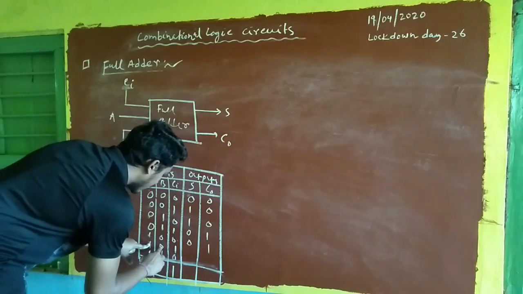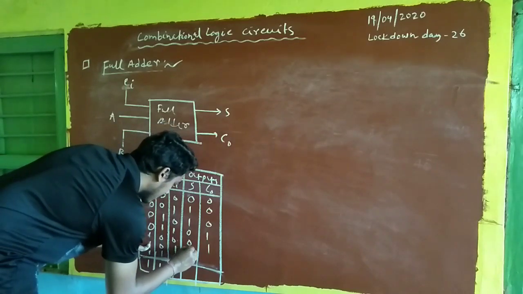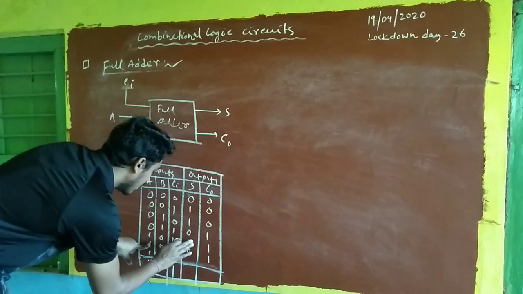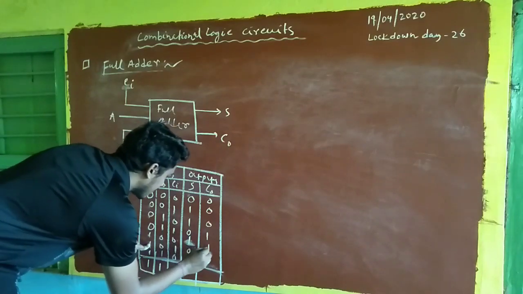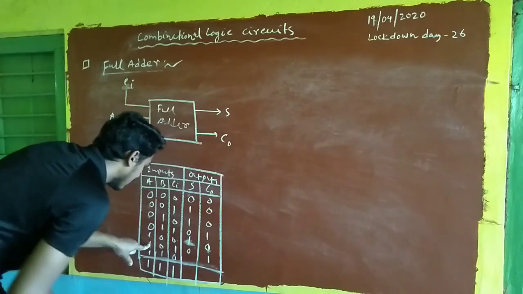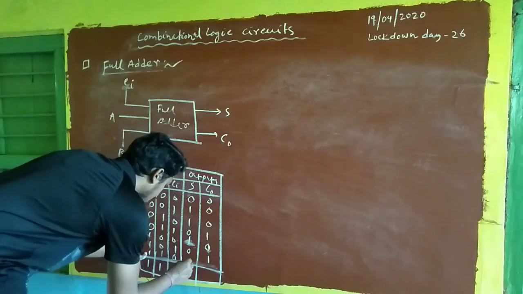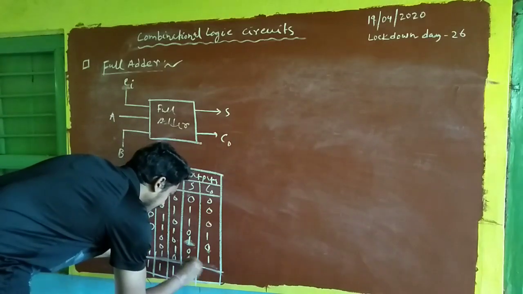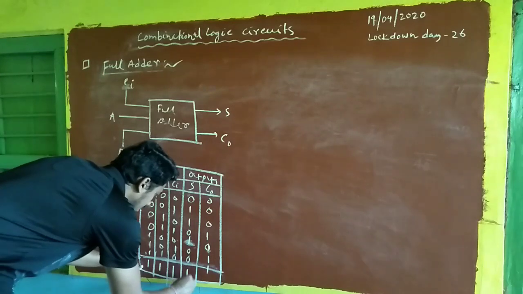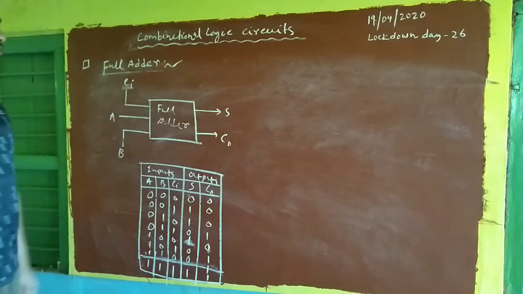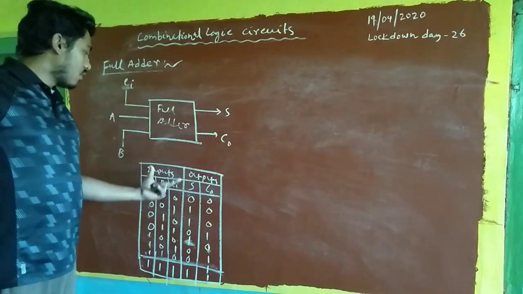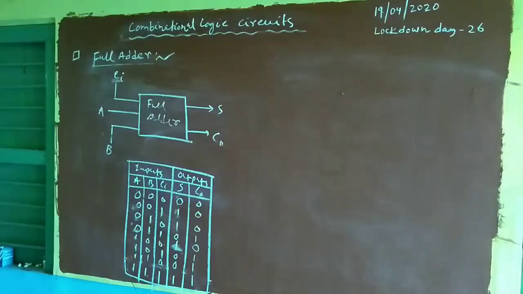Now 1 plus 0 plus 1, summation is 0, carry output is 1. 1 plus 1 plus 0, summation is 0, carry output is 1. Now last one is summation 1, carry output is 1. So this is the truth table of full adder.